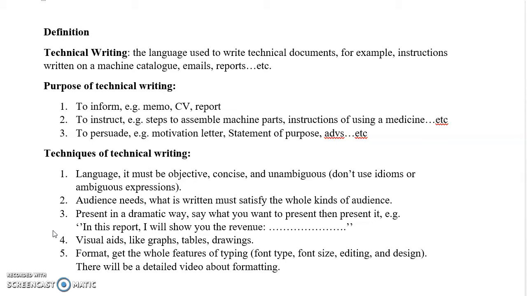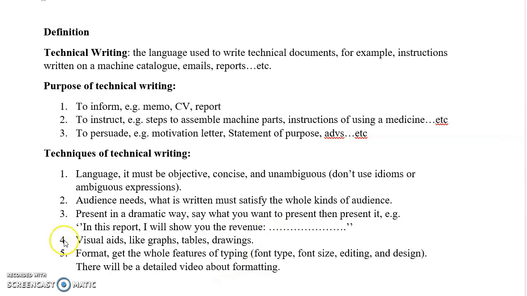For example, the title is side effects, and then I will say what the side effects are. Then I have to say how to use, then the instructions for the usage, and so on. So present in a dramatic way: say what you want to present, then present it. For example, in this report, I will show you the revenue for something. Then I have to show the revenue.